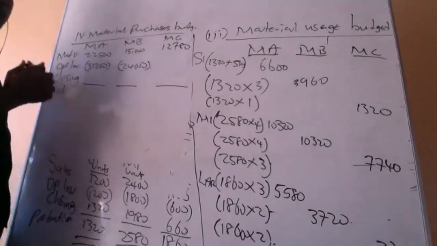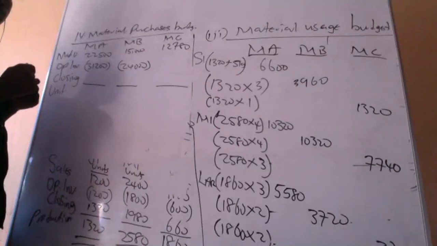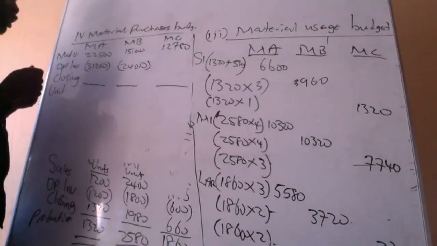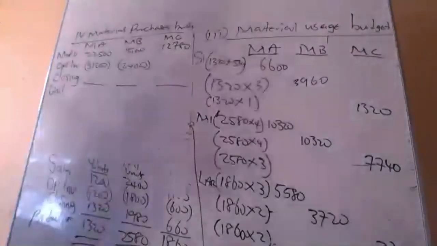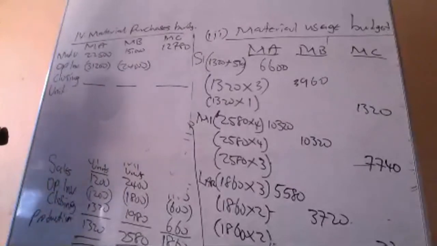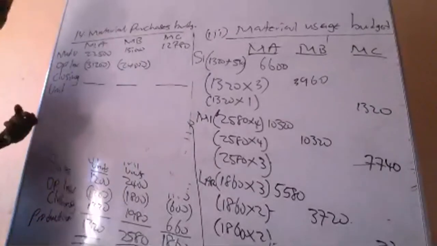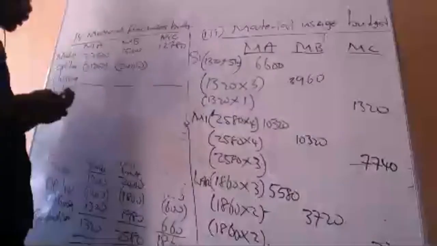And that of MC, the open inventory. Can you hear me? It's 14,400. Okay, so 14,400.